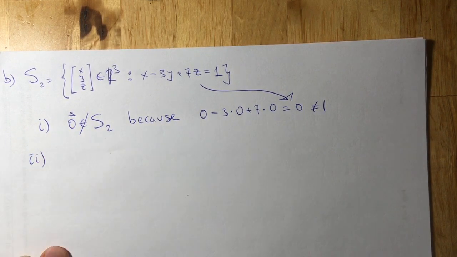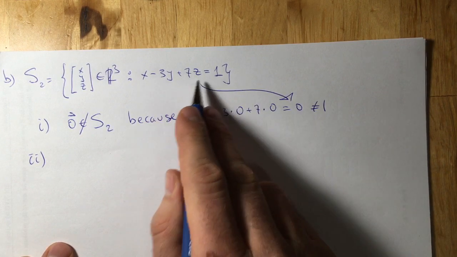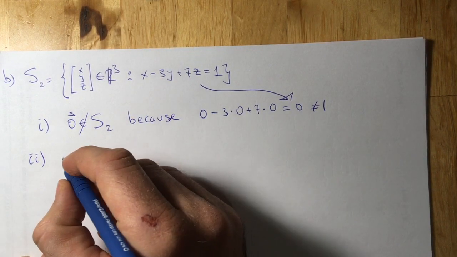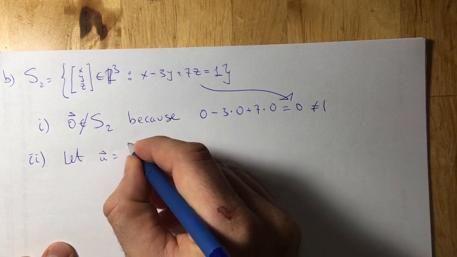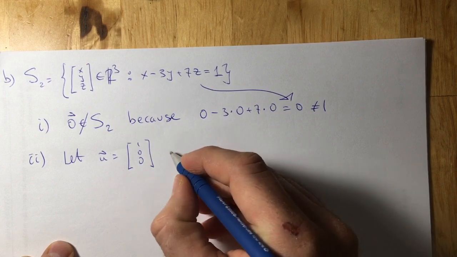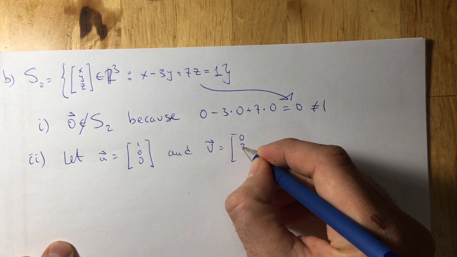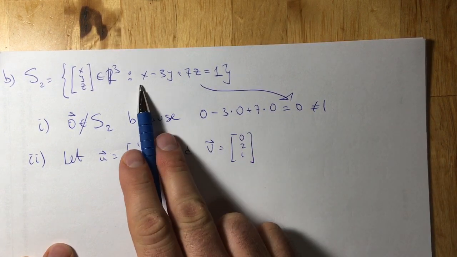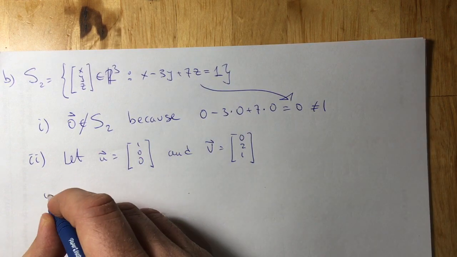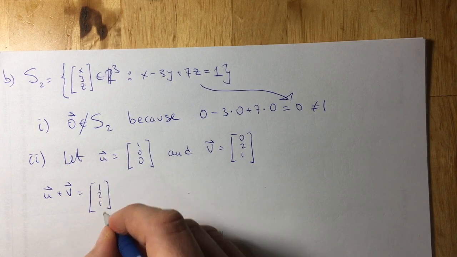If you're asked on the test to determine whether this is closed under vector addition, take two vectors from S2, let's say u = (1, 0, 0) and v = (0, 0, 1). So 0 minus 6 plus 1 is 1. But now u plus v is equal to (1, 2, 1).